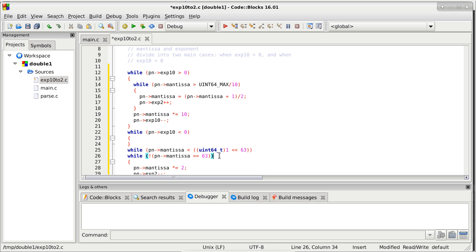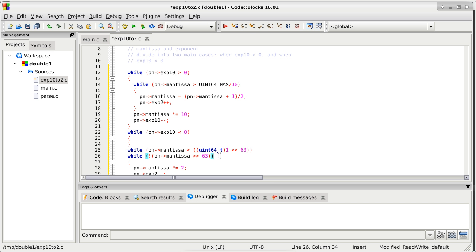So the number is either 1 or 0. If this expression is 0, it means bit 63 is in fact a 0. If it is a 0, I want to stay in the loop. So I put a logical negation here, basically saying, as long as the most significant bit is a 0, stay in the loop. So these two lines, line 25 and line 26 on the projector right now, actually do exactly the same thing.